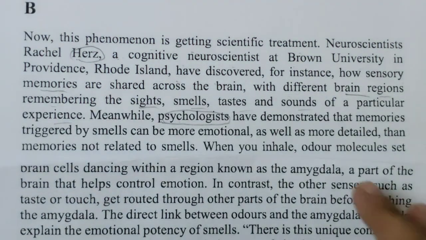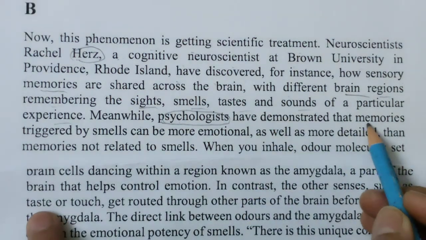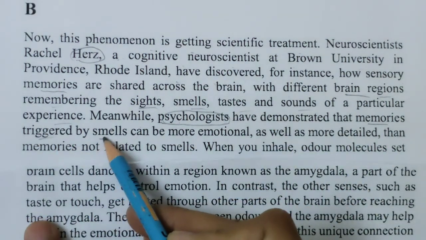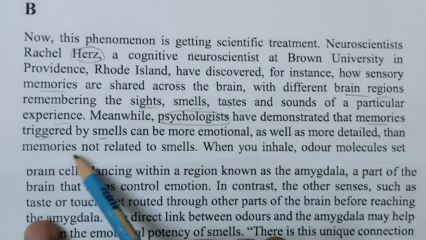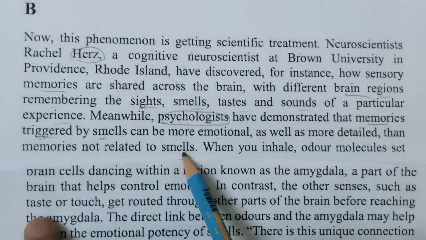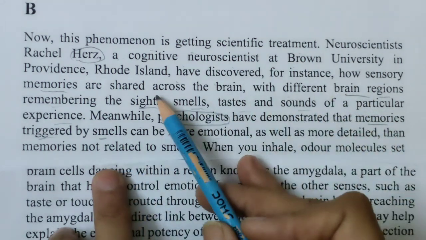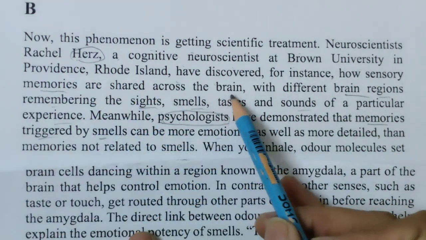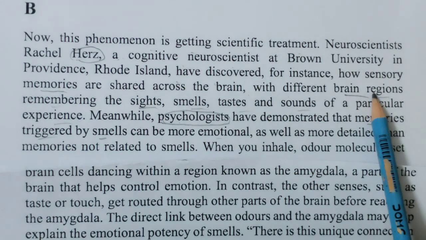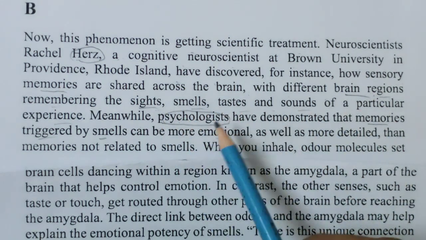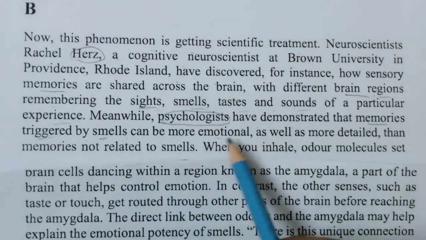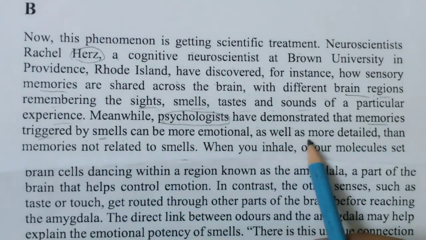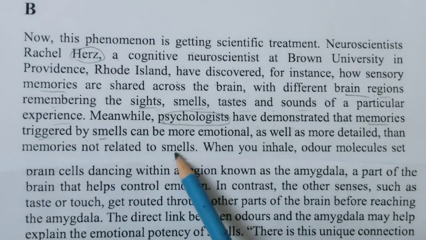psychologists have demonstrated that memories triggered by smells can be more emotional as well as more detailed than memories not related to smells. So here he is also saying memories are shared across the brain with different brain regions, remembering these things. And here also these people have demonstrated memories triggered by smells can be more emotional as well as more detailed than memories not related to smells.